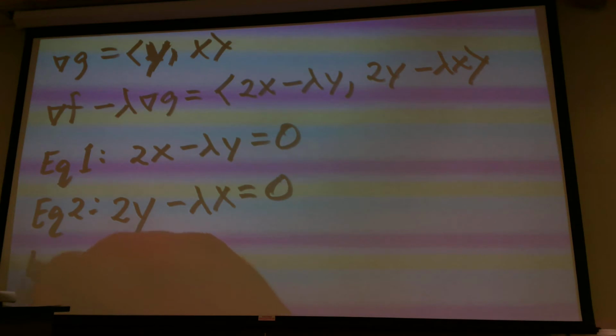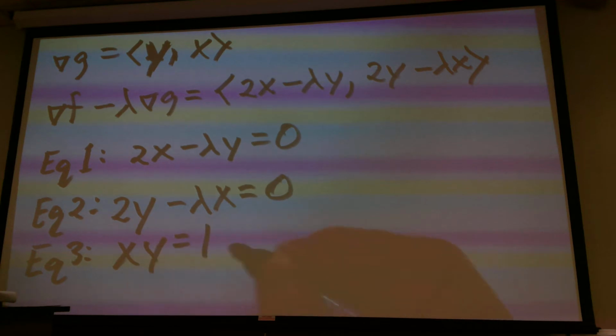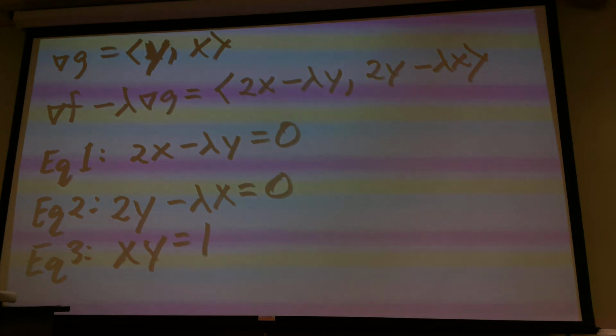And then we have equation 3, which is the constraint that x times y has to equal 1. Now you're going to take equation 1 and equation 2 and solve for lambda.